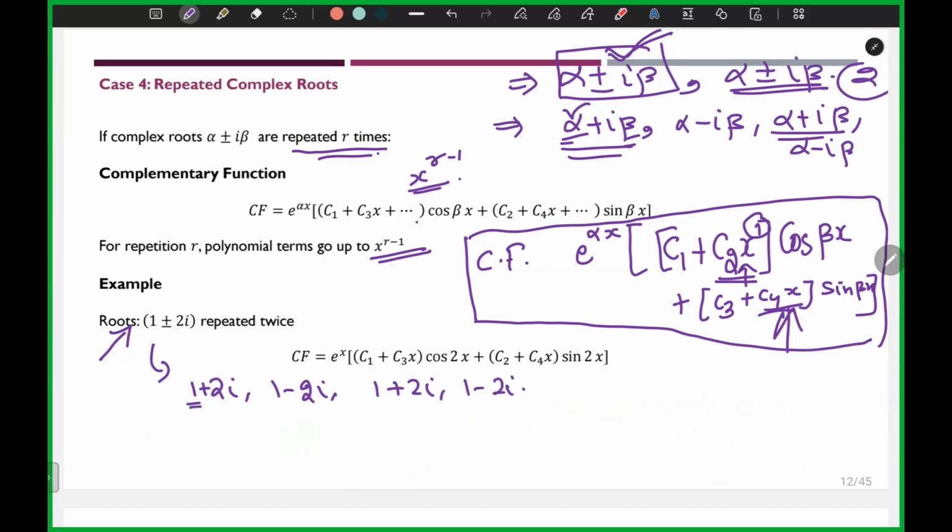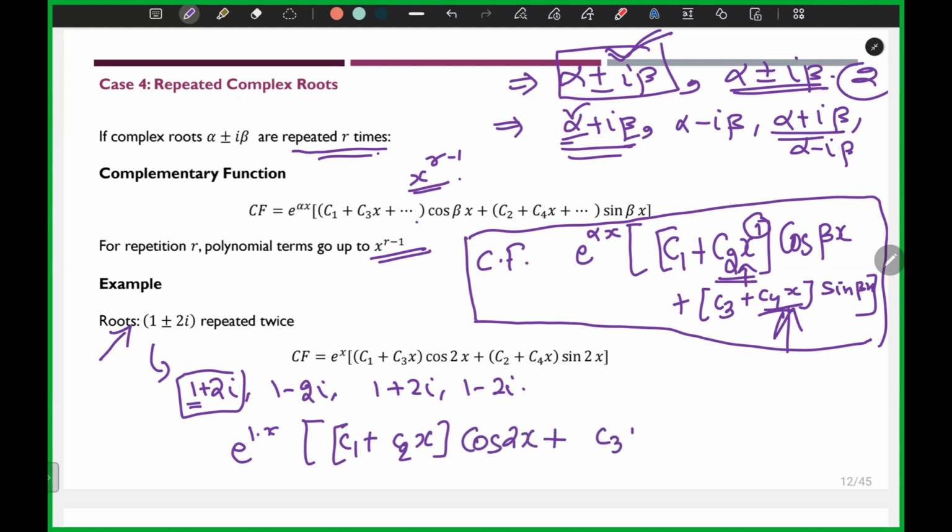So we write e to the power of the real part, that is e to the power 1 times x, then c1 cos 2x, repeating two times. So the next constant is multiplied by x, plus the same thing with the other constants for sin 2x. So this is the complementary function in this case.